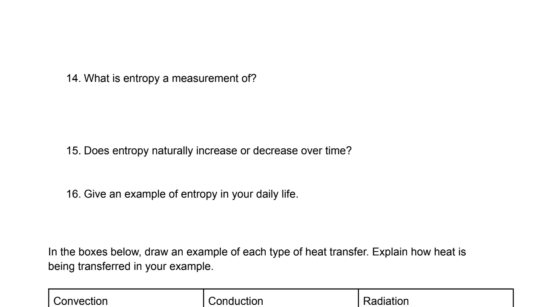All right, number 14, what is entropy a measurement of? One simple word, entropy is a measurement of disorder. All right, and sort of based off of math, because there's more ways for something to be disordered than ordered, matter will always seek disorder. So number 15, does entropy naturally increase or decrease over time? It always increases.